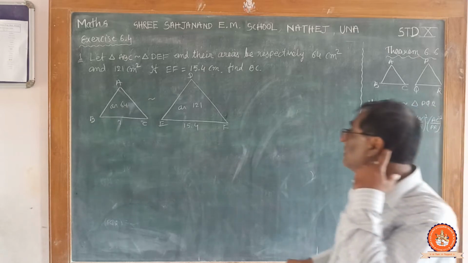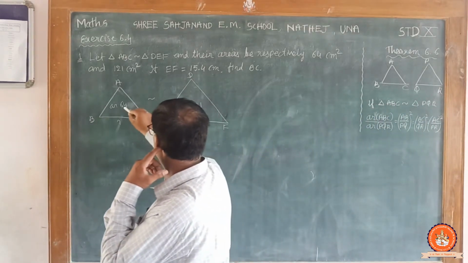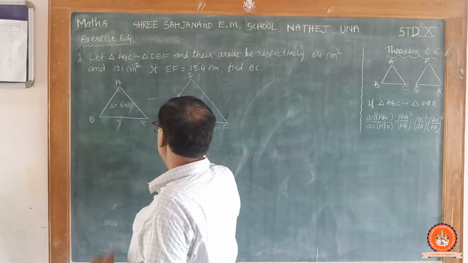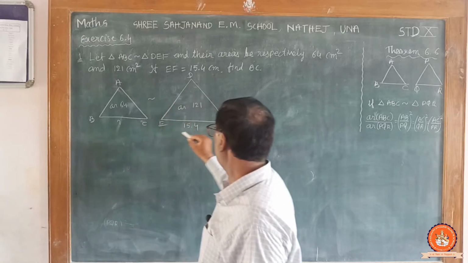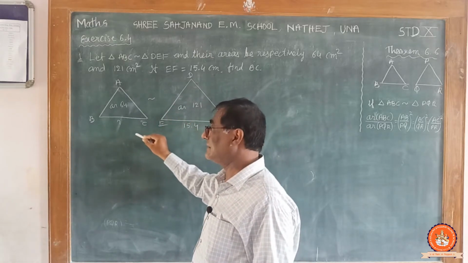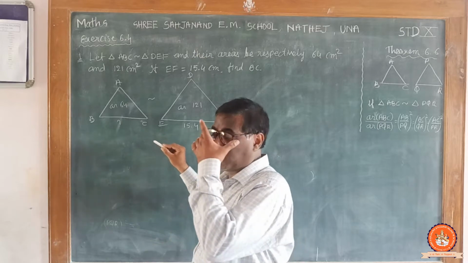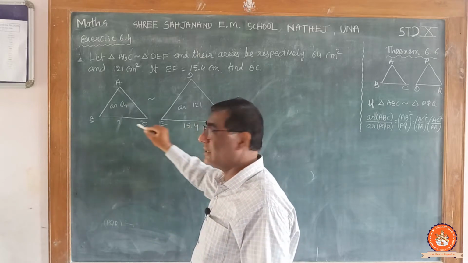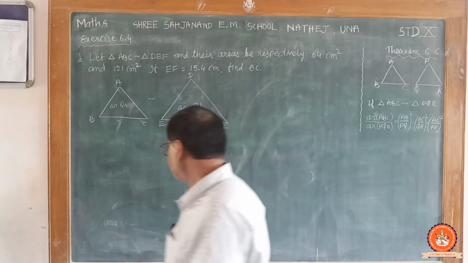Okay, so here it is, two triangles are similar and the areas are given, and from one pair of corresponding sides, one side is given, the other is required. Very easy.